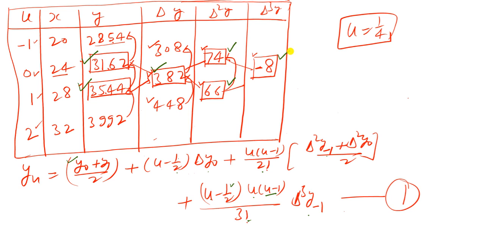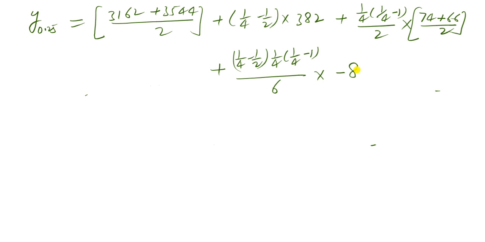So now substituting these values in the equation: 3162 plus 3544 upon 2, plus (1 upon 4 minus 1 upon 2) multiplied by 382, plus (1 upon 4 minus 1 upon 2) upon 2 factorial, that is 2, times (74 plus 66) upon 2, plus (1 upon 4 minus 1 upon 2)(1 upon 4 minus 1) upon 3 factorial, which is 6, multiplied by minus 8.